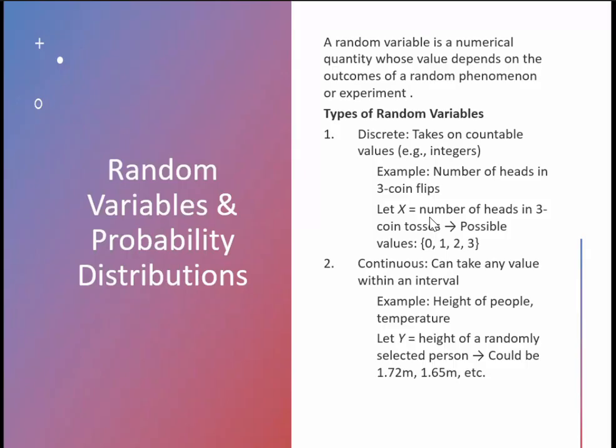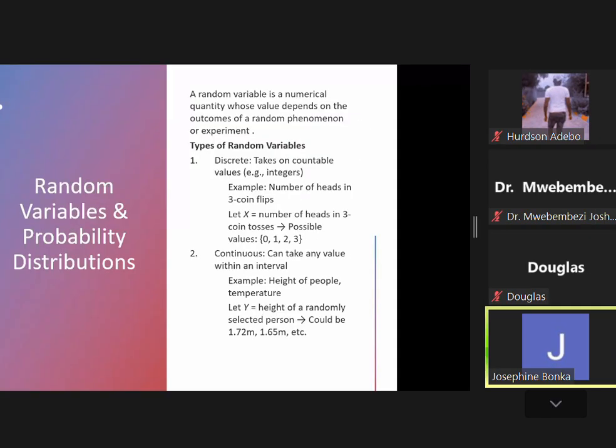We have two types of random variables. We have what we call discrete random variables, and these are countable integers. And then we have what we call continuous random variables. They don't have a distinct, single digit to represent your value. It's rather a range, let's say from this value to this value.